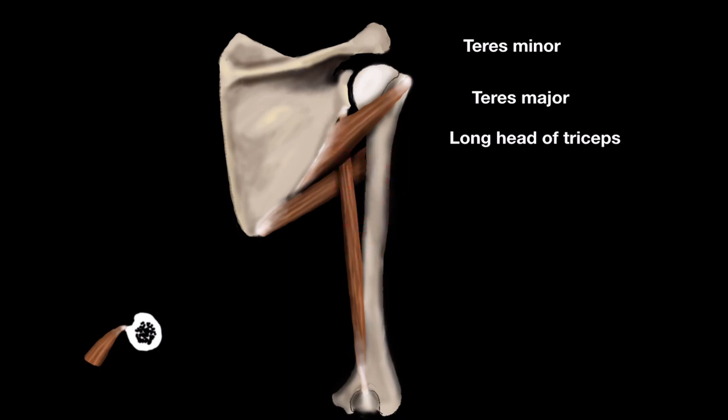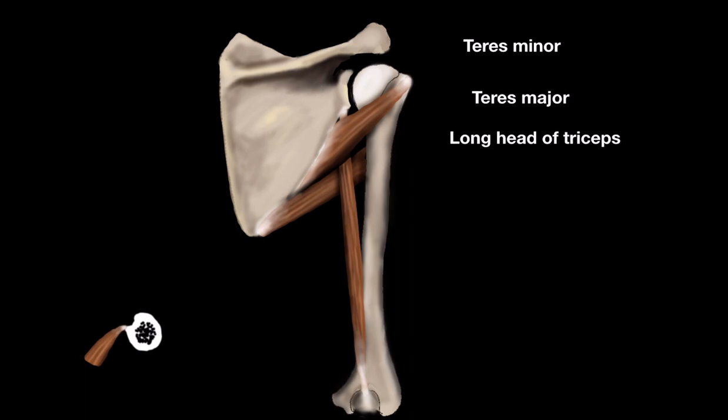Okay. Now you can see as the triceps muscle crosses teres minor and teres major, some intermuscular spaces are formed. One of them is quadrangular and is called quadrangular space. The other two are triangular. This is the upper triangular space and this is the lower triangular space.